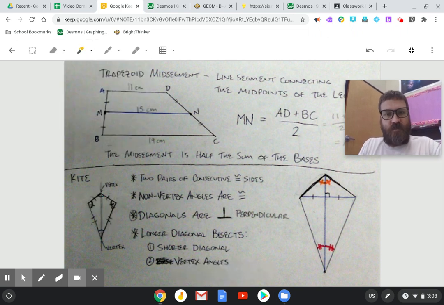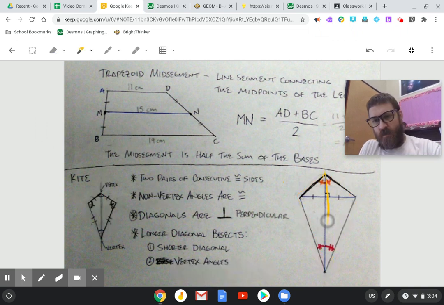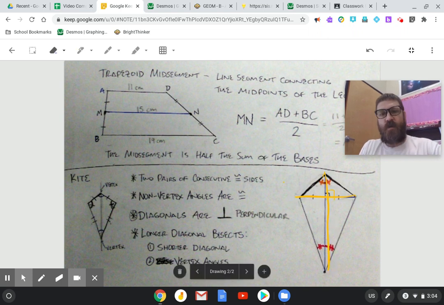Next, it says the diagonals are perpendicular, which is going to be over here on this diagram. So when we look at this one, I've drawn in the diagonals. The first thing we need to know about that is the diagonals are perpendicular to each other. They form a right angle.